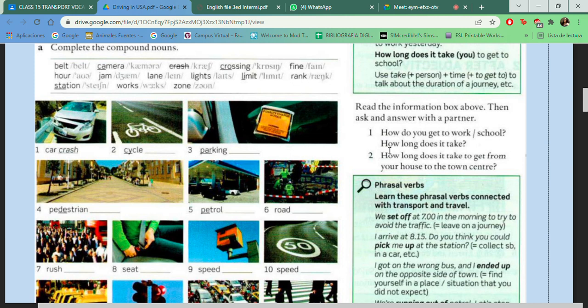Excellent. So now you can ask your partner this question. For example, Cande, you can ask number 1 to Fabi. How do you get to work? How long does it take? Well, right now I work at home, so it doesn't take too long. But before the pandemic, it took me about 5 minutes.